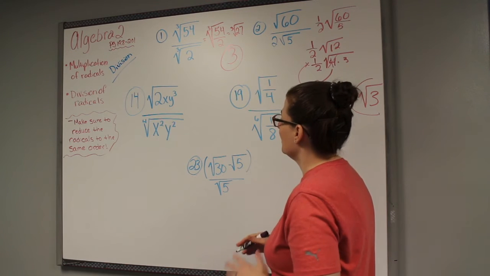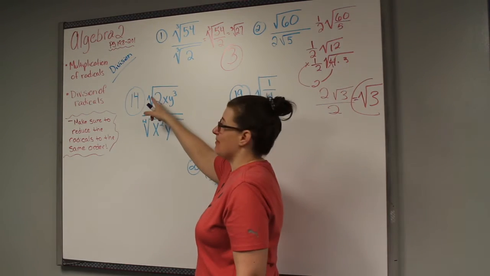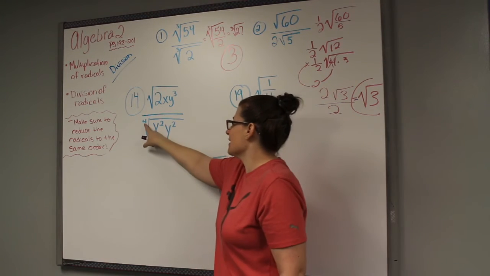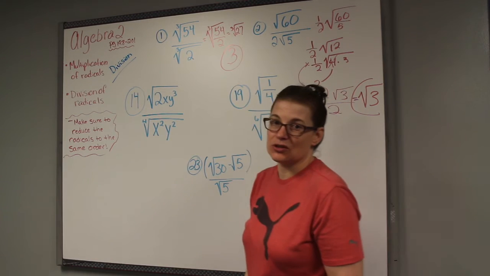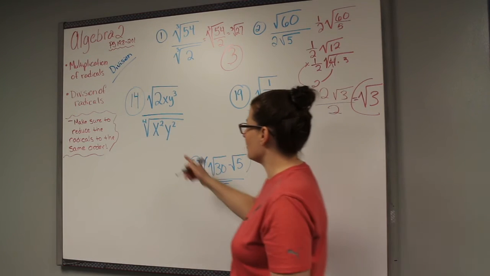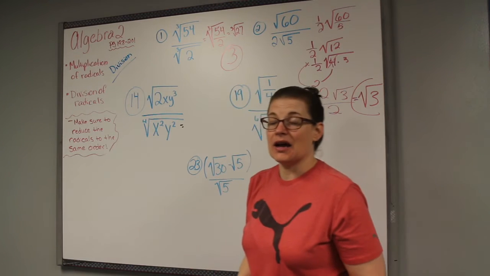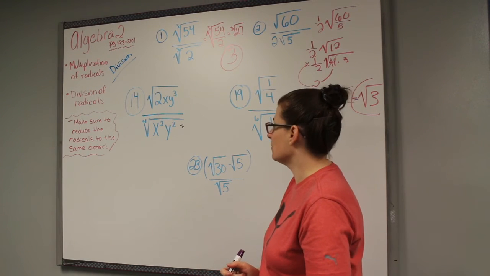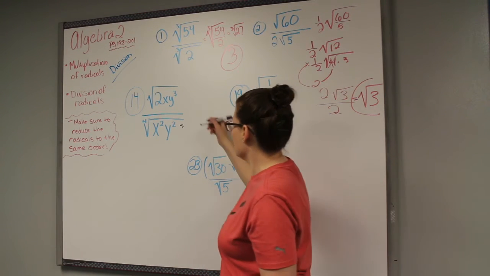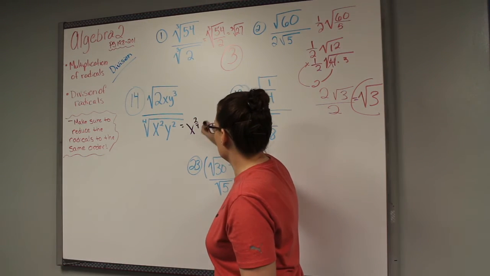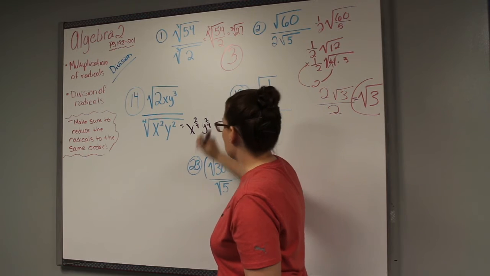Some people will want to go ahead and make this a fourth root. However, I can see that's a 4 and these are 2s, so there's going to be some reduction in there. I'm going to go ahead and reduce this bottom one, put it in fractional exponent form. So this would be x to the 2/4 and y to the 2/4.